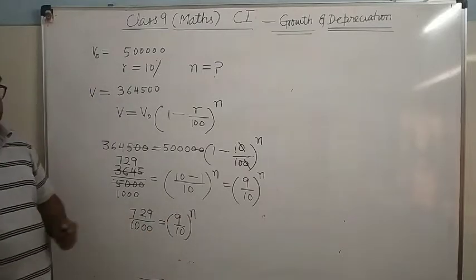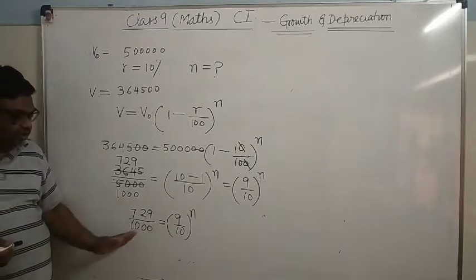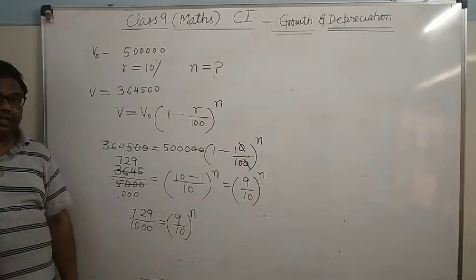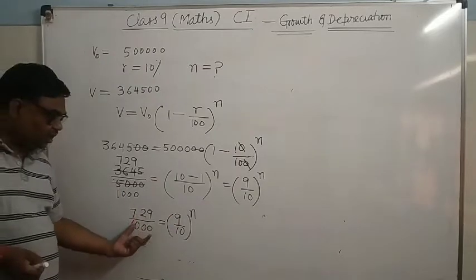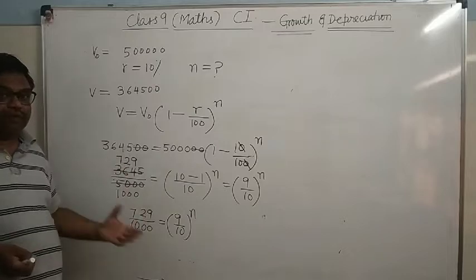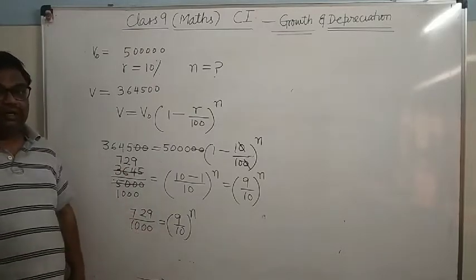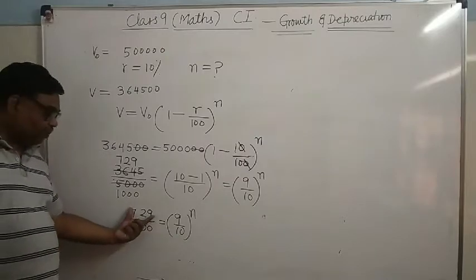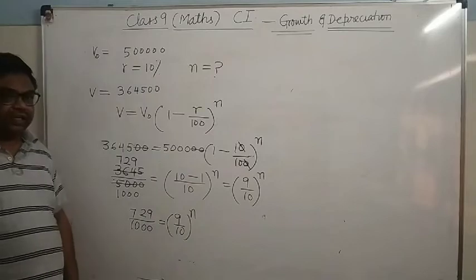As already I have told in the previous exercise, when the question is like this and you have to find the n which is in the power, we will write the left hand side in the power form in such a way that the base is 9 upon 10.